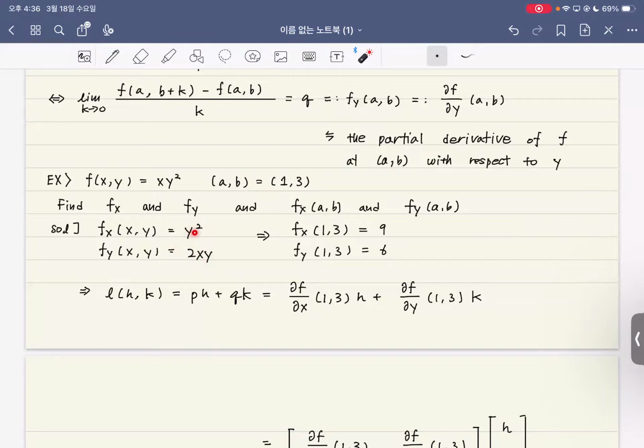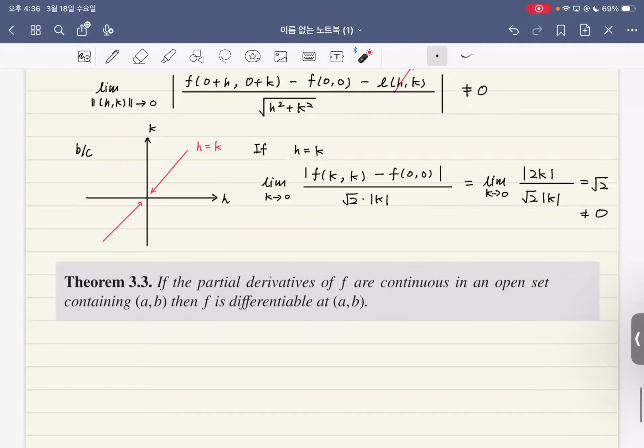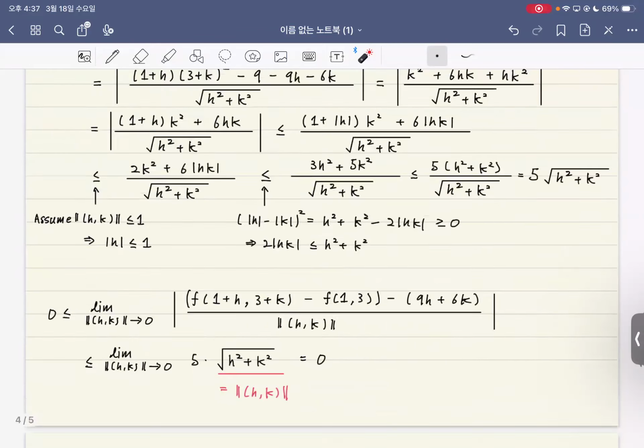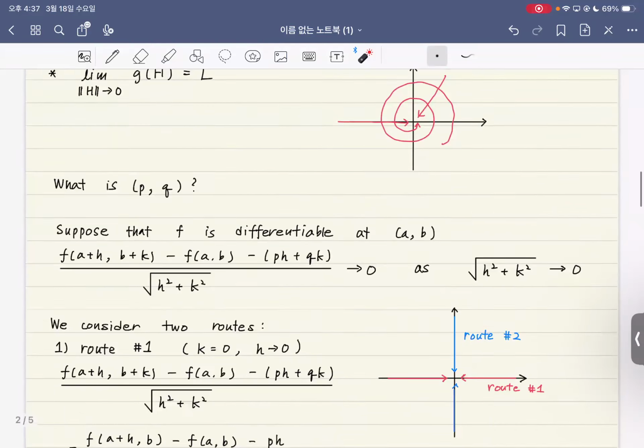So these partial derivatives are also two variable real valued functions. And we are assuming that these two partial derivatives of f are both continuous on an open set containing this point.